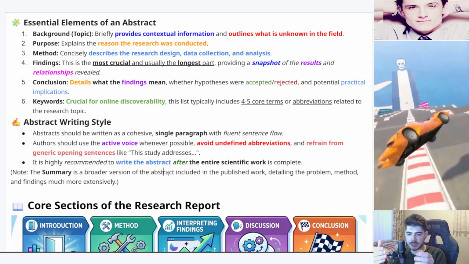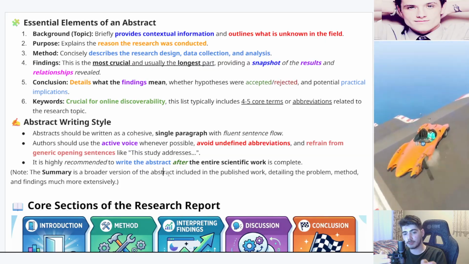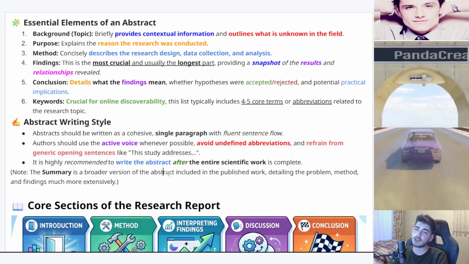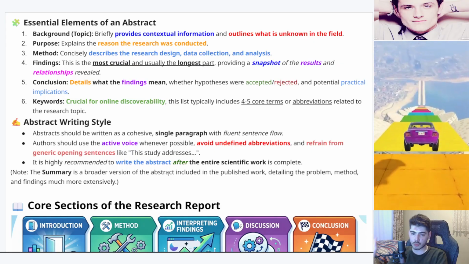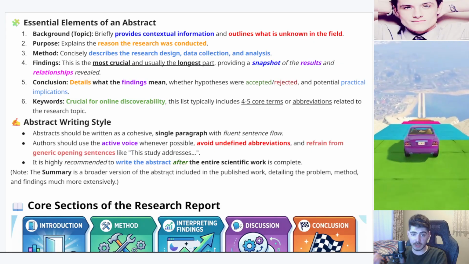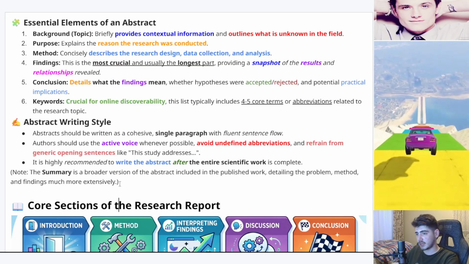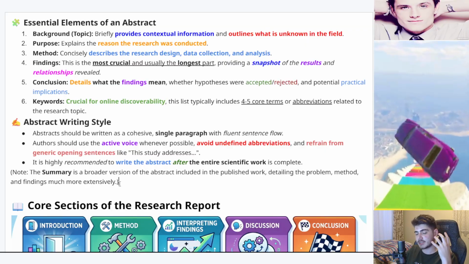It tells you what the book is about and what you will get from the book. But the summary is essentially at the very end of the book, where it summarizes what you have talked about in your book. So the main difference is that it's broader and it's listed within the research.